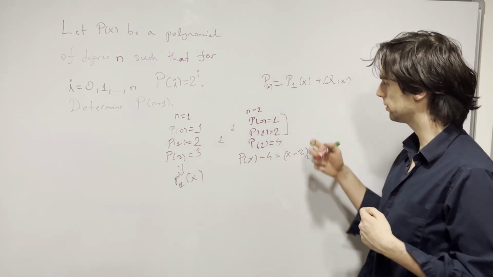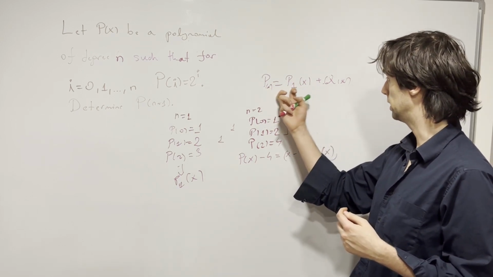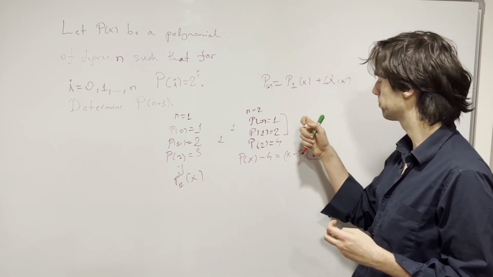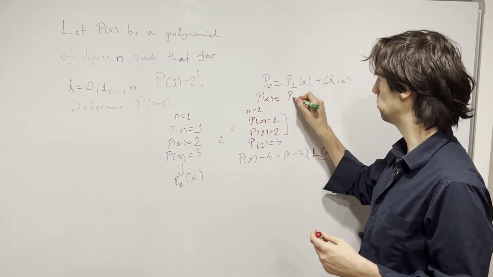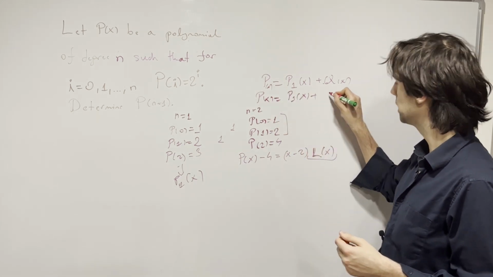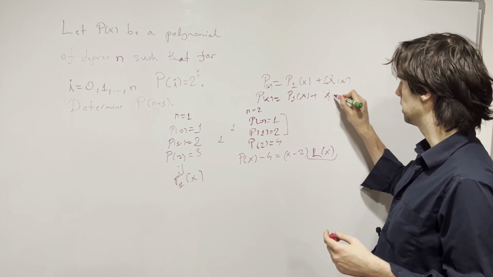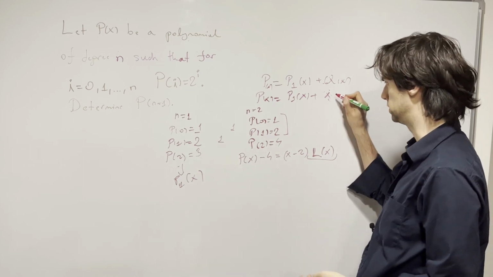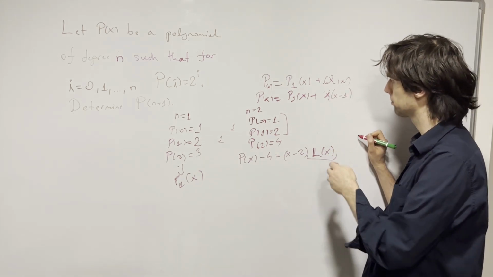You want q of x to be 0 for x is 1 and 2. So you'll have p of x is equal to p1 of x plus, the zeros here are 1 and 2, actually 0 and 1, x times x minus 1.